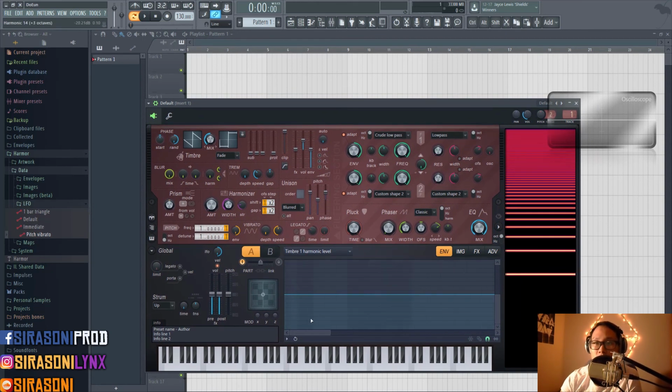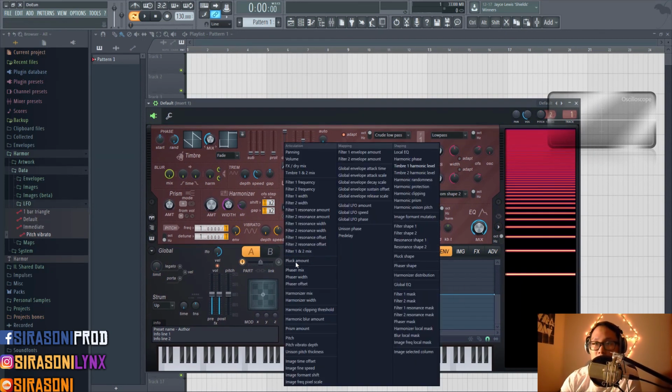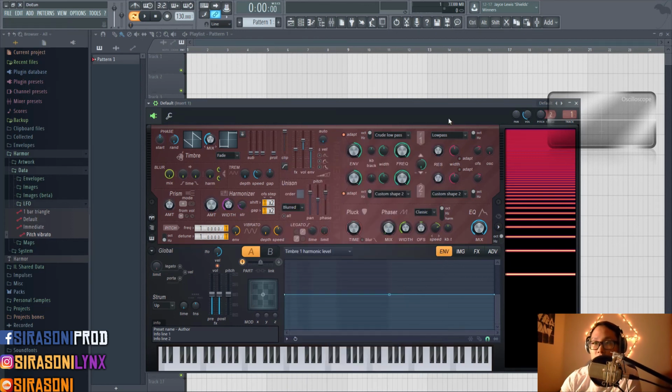I will explain all this under-the-hood stuff later, but basically these are all the harmonics that are going to be shown. You got harmonic 1, harmonic 2, harmonic 3, all the way up to harmonic 516. Like I explained in Harmor 102, this is in a Hertz layout, pretty certain.